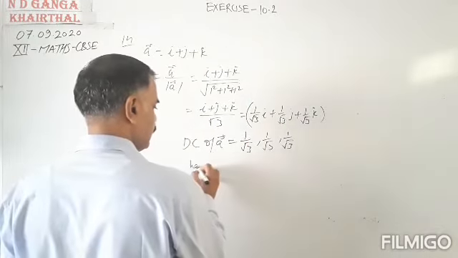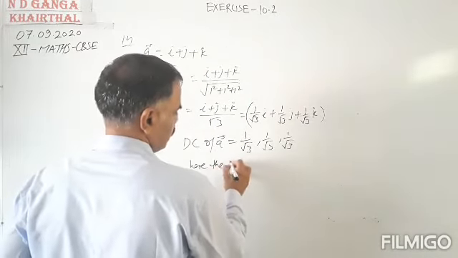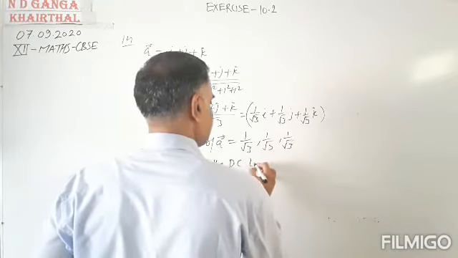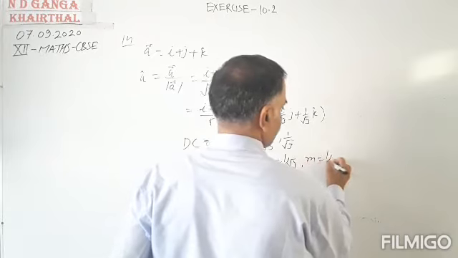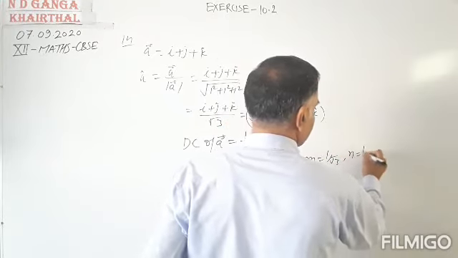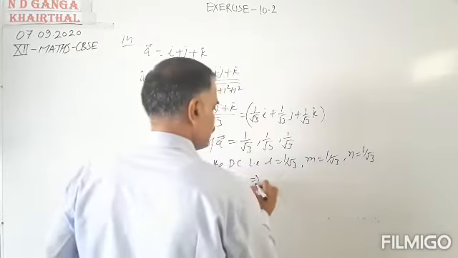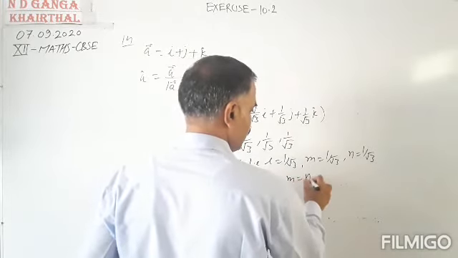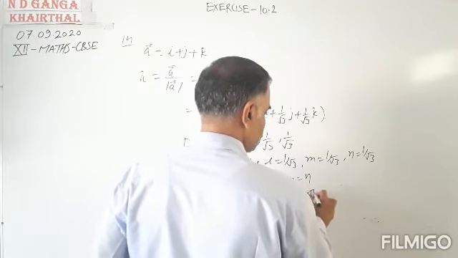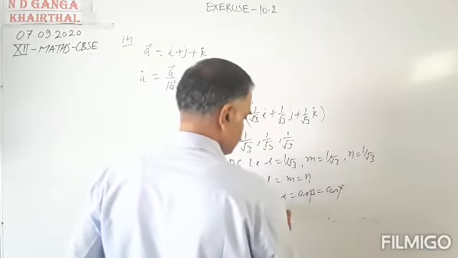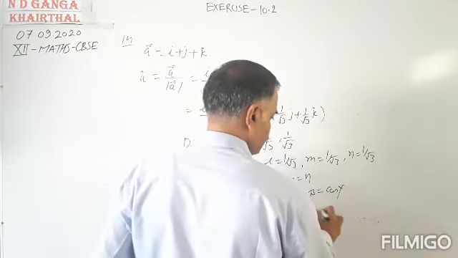Here the direction cosines, that is l equals 1 by under root 3, m equals 1 by under root 3 and n equals 1 by under root 3, means l equals m equals n, means cos alpha equals cos beta equals cos gamma, that is alpha equals beta equals gamma.